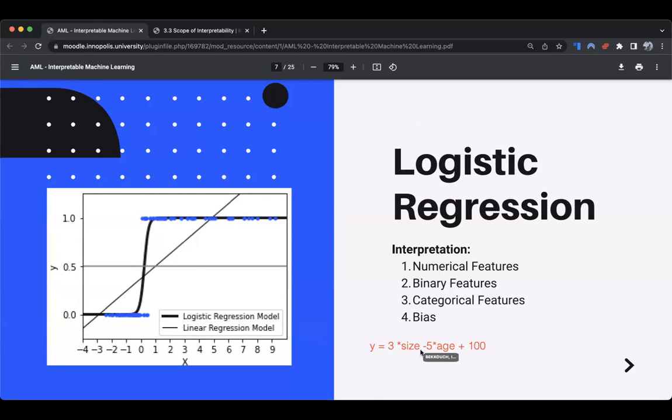And if I ask, how does the feature size influence the actual model's results? Positively, thanks. And how does the feature age?